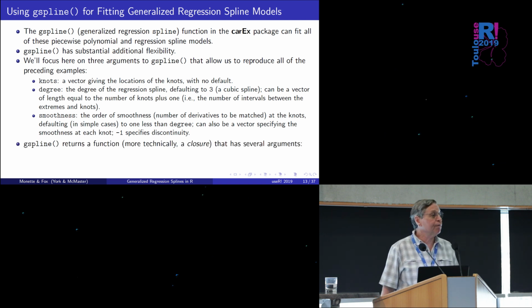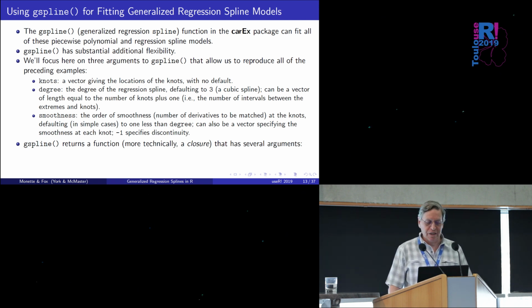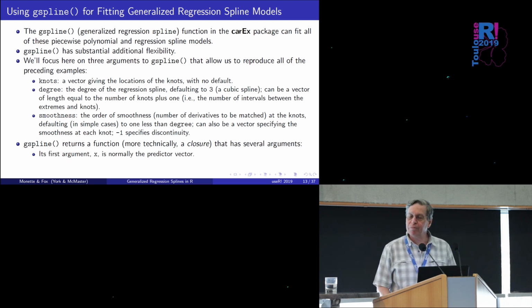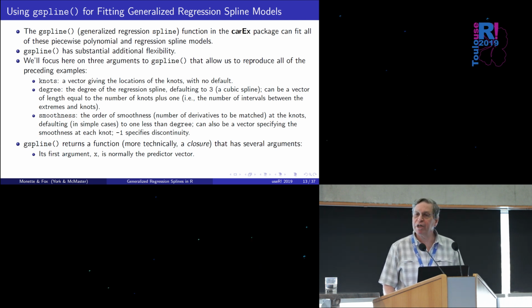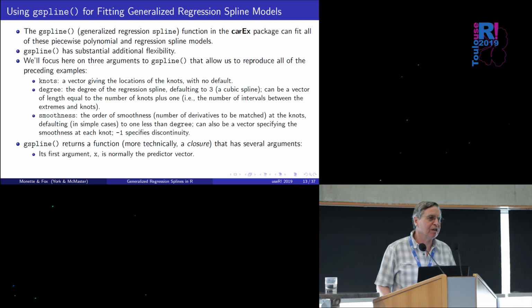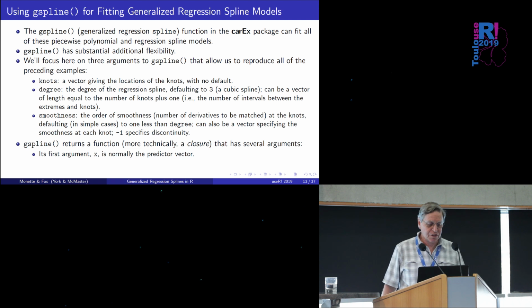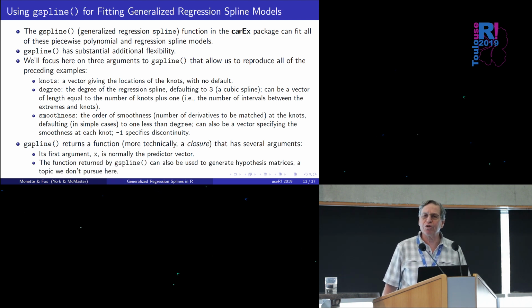gspline returns a function, that is a closure, which one can then use within a linear model formula. The closure has several arguments, only the first of which is required, x. x would, in specifying a model, be an explanatory variable for which we want to create a spline, but x could also be a variable that generates an hypothesis matrix concerning the parameters estimated for the spline.